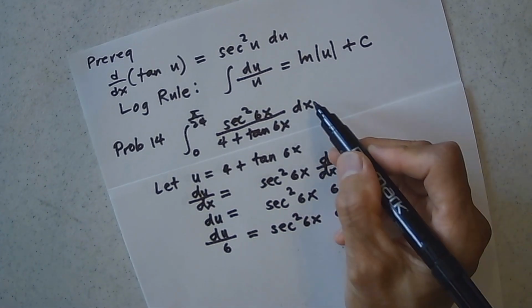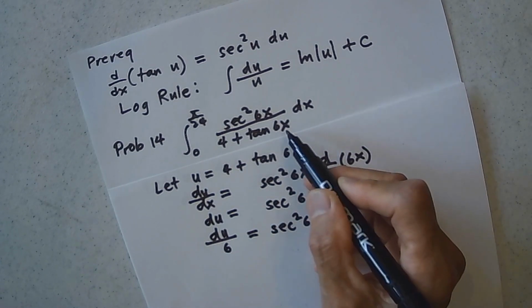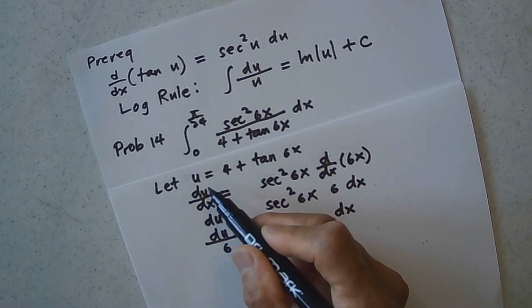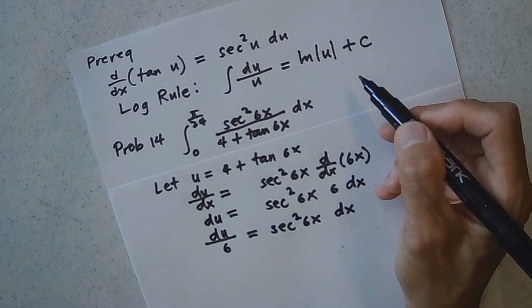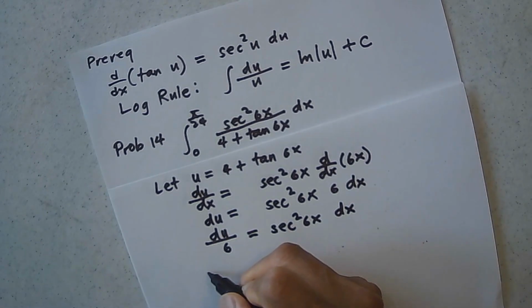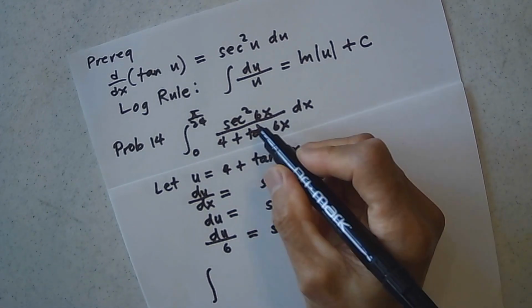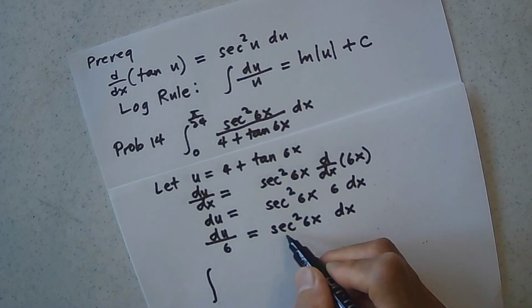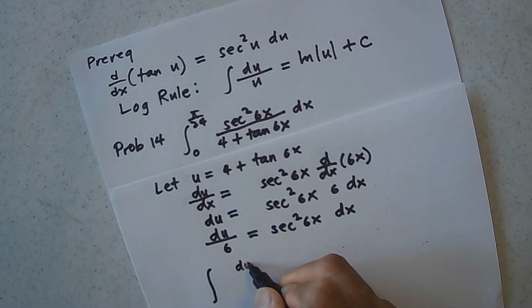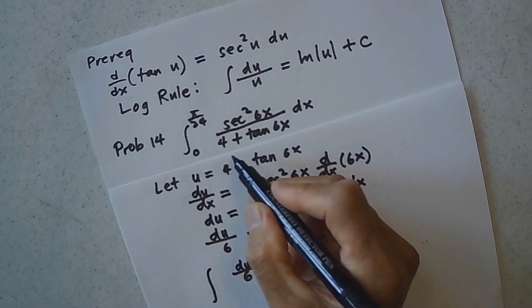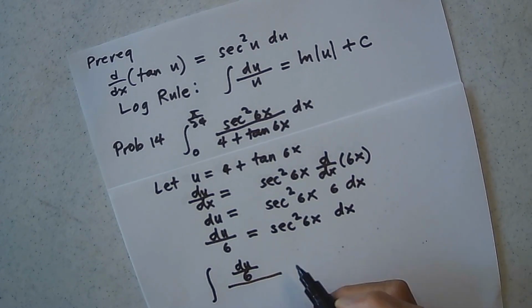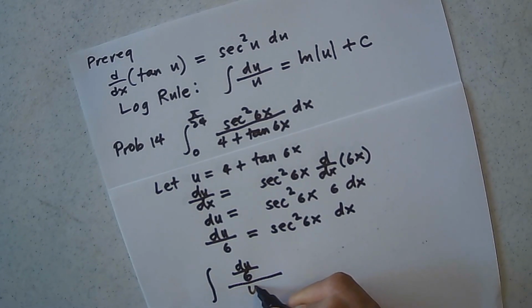So that's now exactly what we have on top. The denominator simply becomes u, and so we can use the log rule here. Here we go. So secant squared 6x dx will be now written as du over 6. And the denominator 4 plus tangent 6x is simply u.